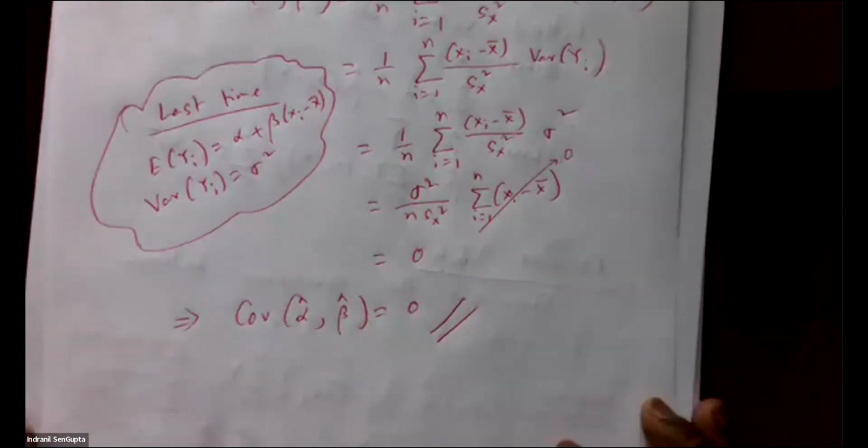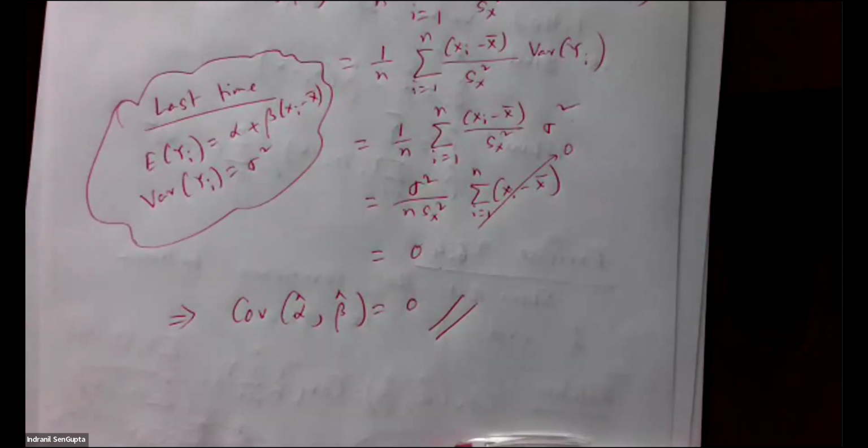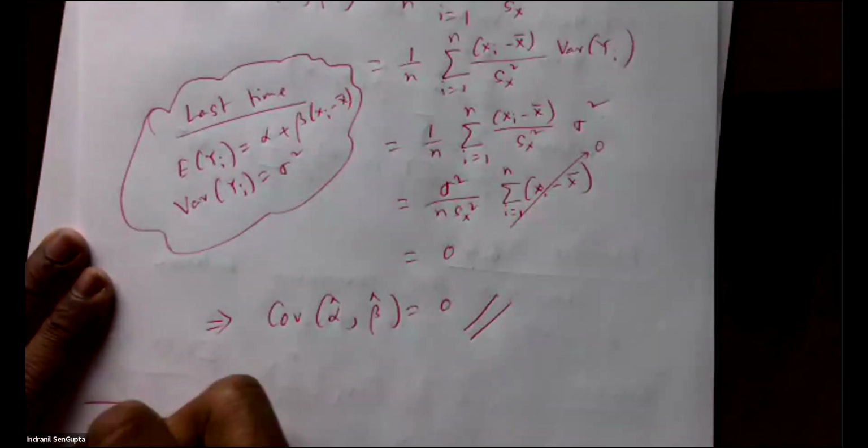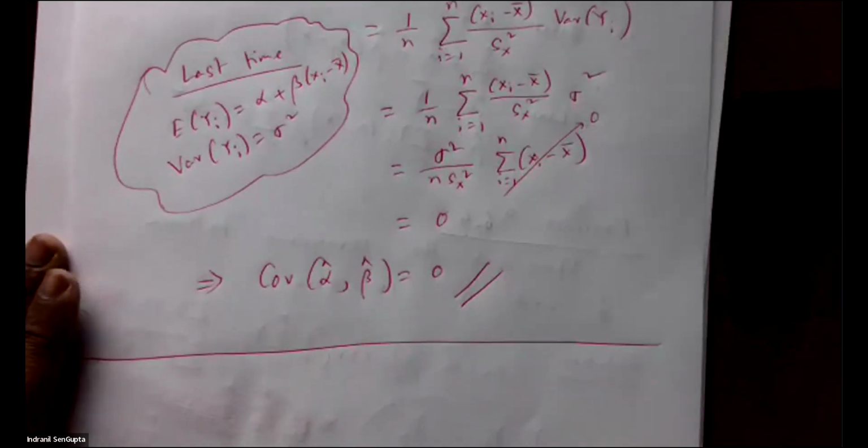Done. So this shows that for alpha hat and beta hat, the covariance is 0. Okay, that is a very important result.